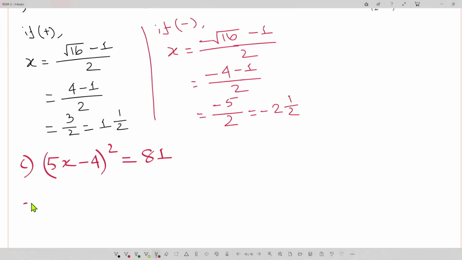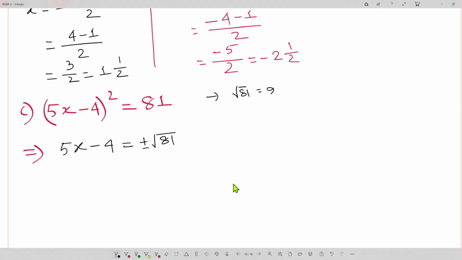Number C, (5x minus 4) whole square equals 89. So once we take the square root, it will be 5x minus 4 equals, look, root 89, it should be 9, but once we take the square root of this equation, it should be plus minus root over 81.